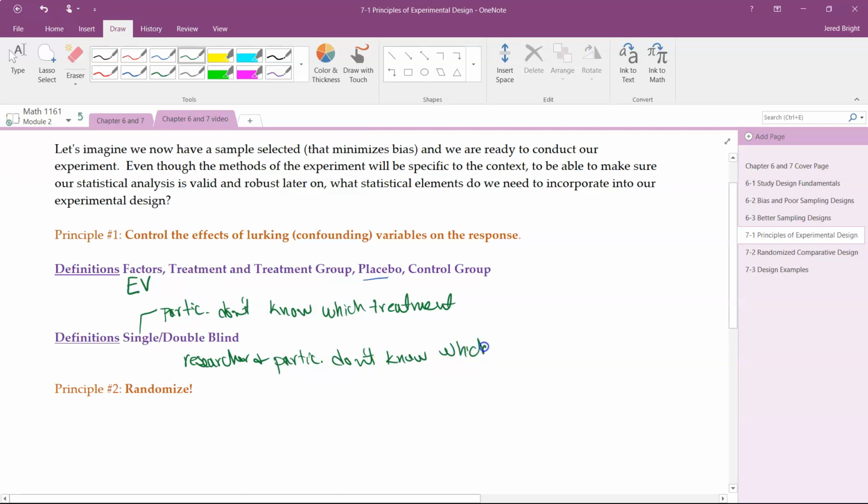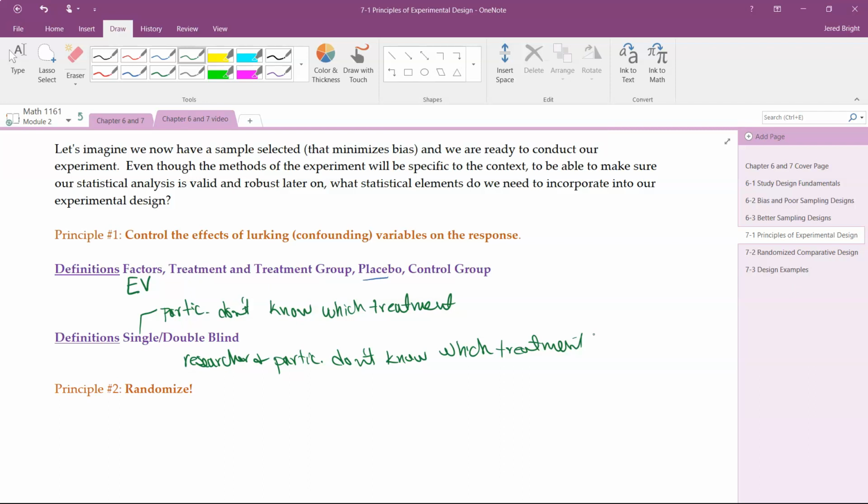So this would be something where the researcher submits a proposal to the FDA, perhaps, or a different organization, and then they do all the managing of the research for the researcher, and at the end the researcher just gets de-identified data and works with that for their analysis. Okay, so all those different things that I mentioned are to help control the effects of lurking and confounding variables.